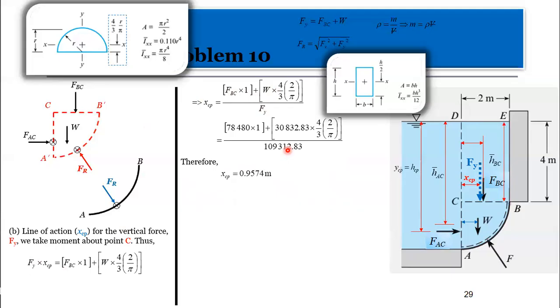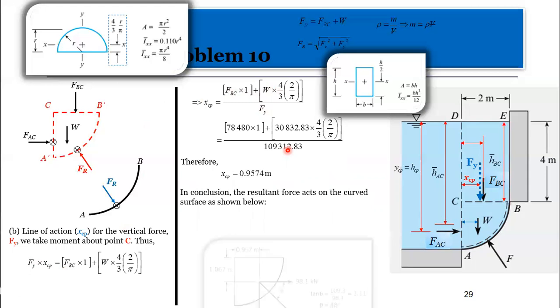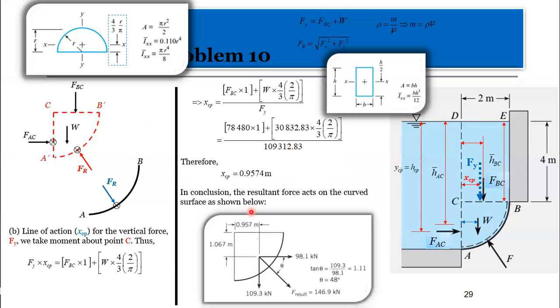So in conclusion, the resultant force acts on the curved surface as shown below. This is the curved surface, so you measure XCP from this part, 0.97. Now, the HCP, remember, we have to measure from this free surface to that point.